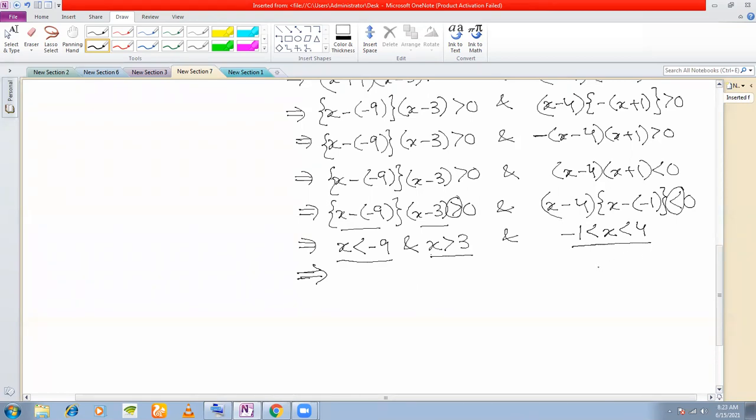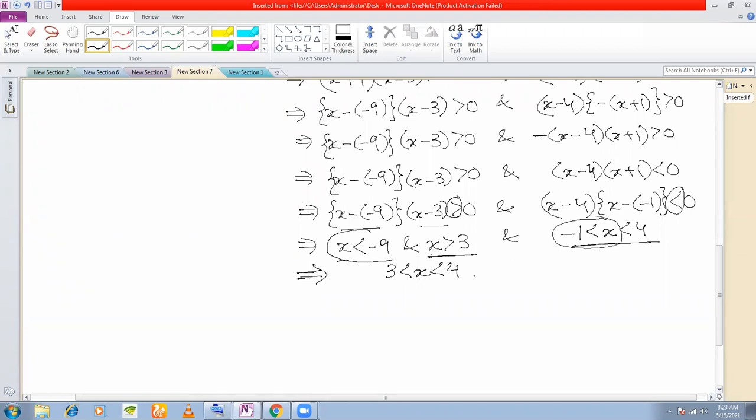So what is the intersection of all these inequalities? The intersection is x lies between 3 and 4, because x is greater than 3 and x is less than 4. Also, x is greater than -1.